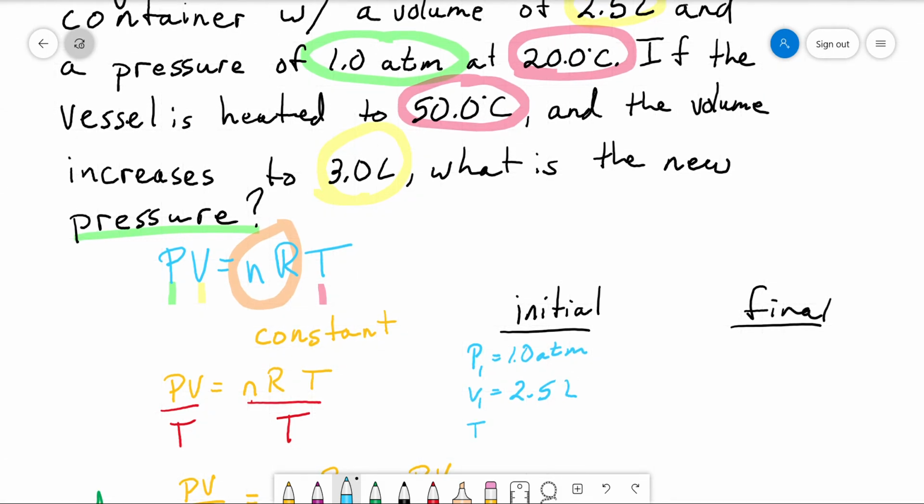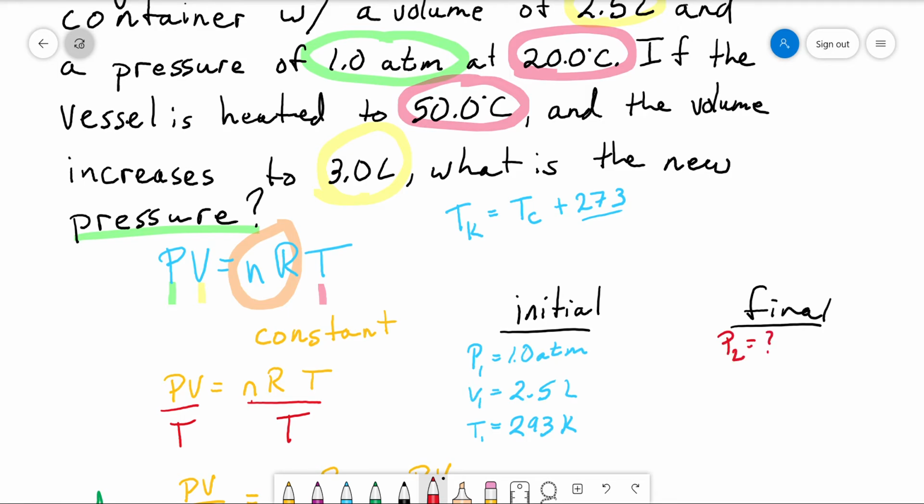And T1, what's T1? Don't tell me 20 degrees Celsius. 293 Kelvin. Remember, temperature in Kelvin is equal to temperature in Celsius plus 273. And that's given on the exam, by the way, that conversion, the 273. Now, let's find our P2.